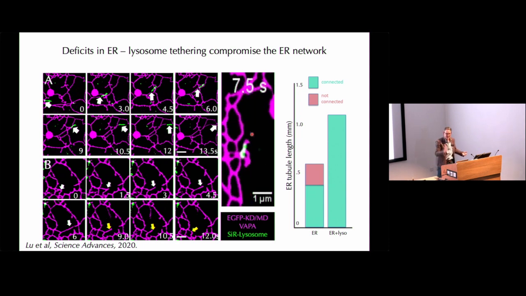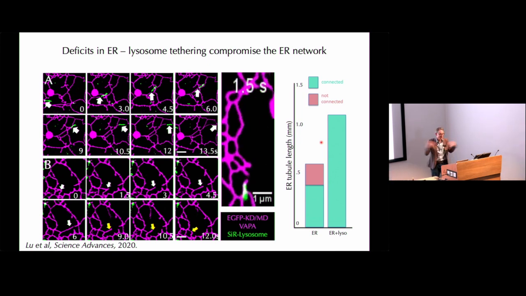So it continues along its track, pulling the ER behind it, and then when it loses that capacity, you see the ER retracts.